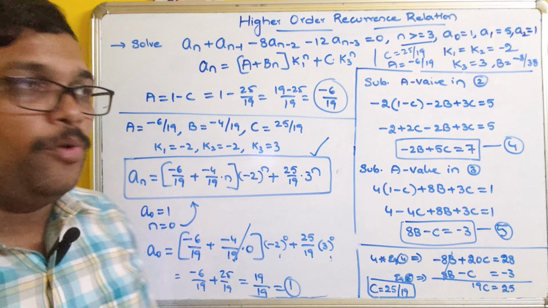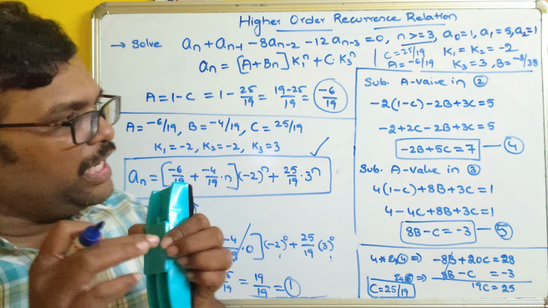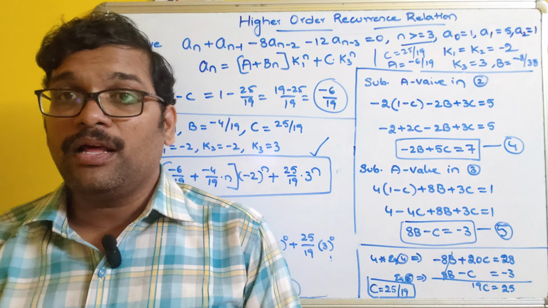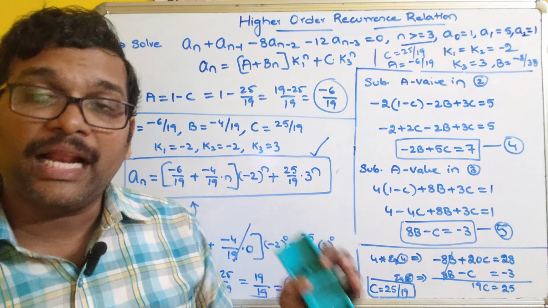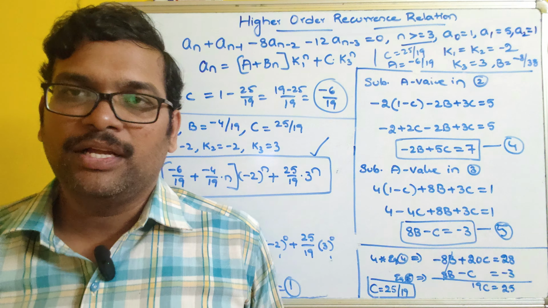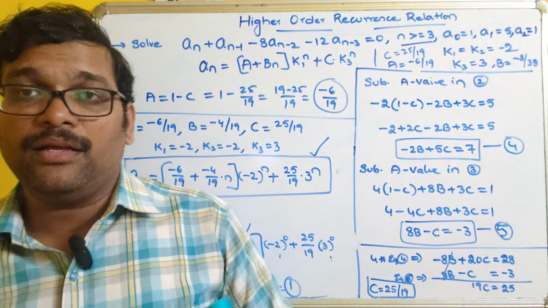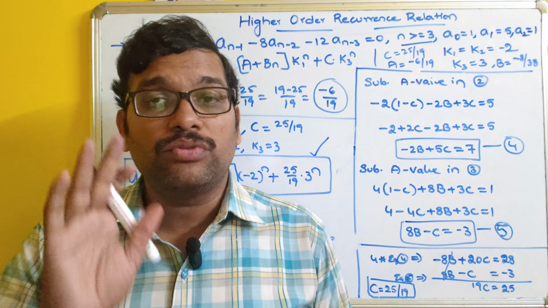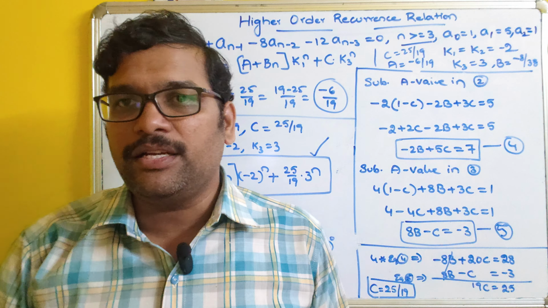Okay, so hope you understood. The only major part we have to concentrate on is that the formula should be generated based upon the roots. We have defined the formula for only three cases: if the roots are equal, if roots are different, and if roots are imaginary.